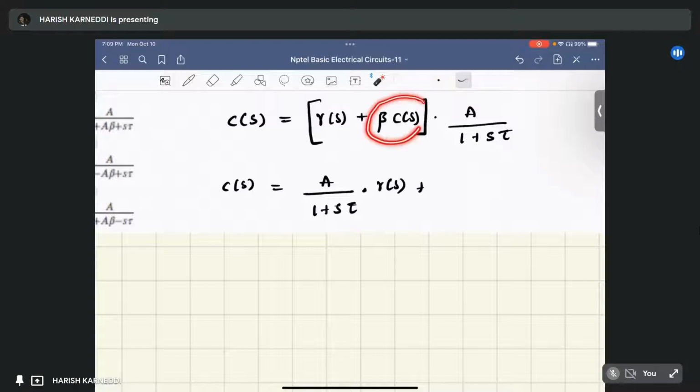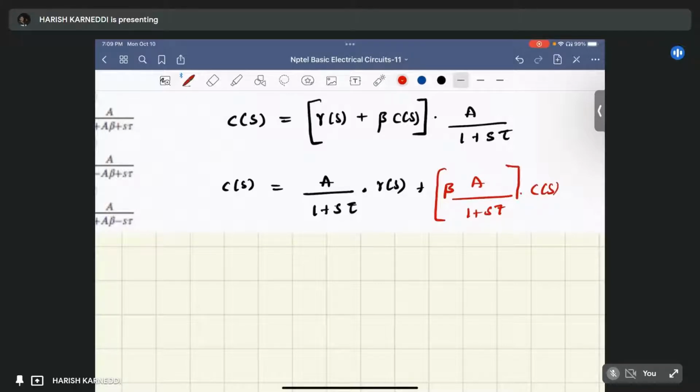Now we are multiplying this function with this gain value. It gives beta, beta is a constant, so A by 1 plus S tau into C of S. We can write like this.